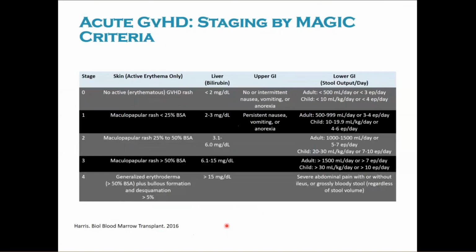The MAGIC grading system includes more precisely defined symptoms with more detailed criteria, especially regarding grade 4 stage GVHD of the skin, the upper GI tract and the lower GI tract.